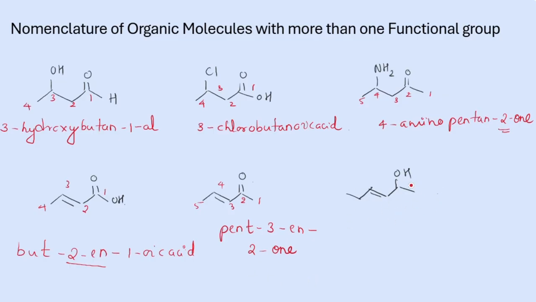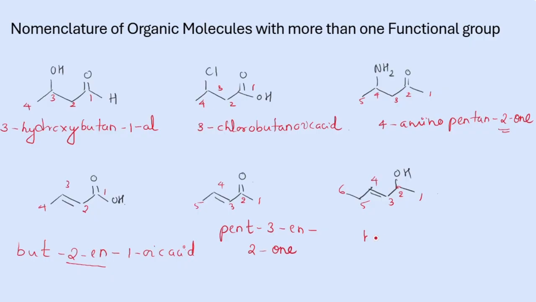Now, when we have an alcohol and a double bond like this, in that case, the priority while numbering always should go to the oxygen attached carbon. That means OH attached carbon. And we call it hexanol, but since there is a double bond, call it hexenol, right?